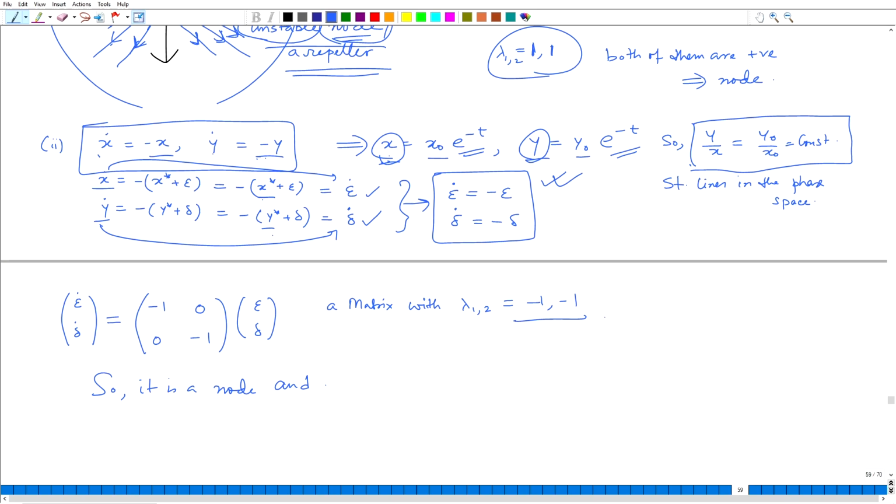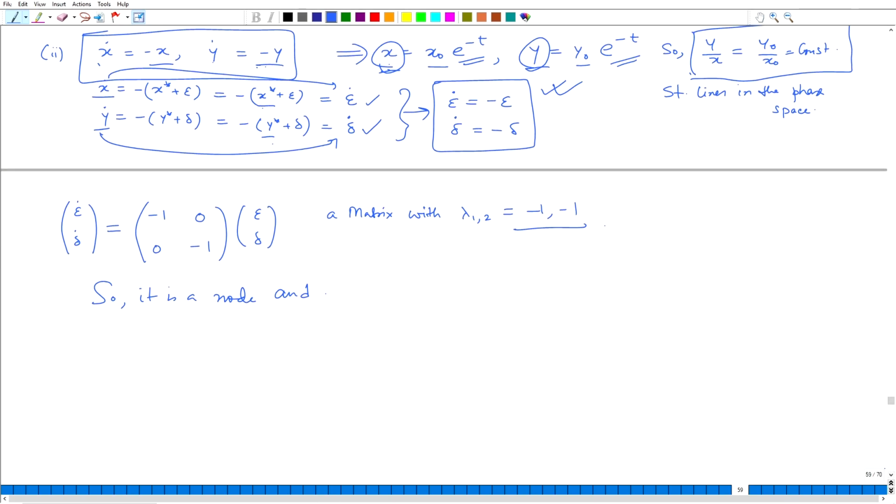Now, if you draw epsilon and delta, which are the perturbations in the phase space, I should be mathematically a little bit more careful. Instead of writing x and y, I can write epsilon and delta, which are the perturbation part of x and y, but they are the same because the fixed point is here. So, I again draw the fixed point with a red cross.